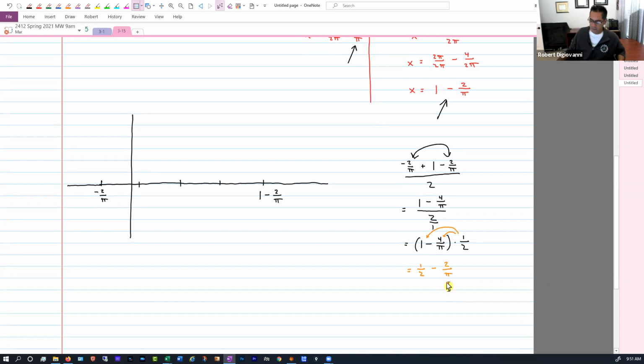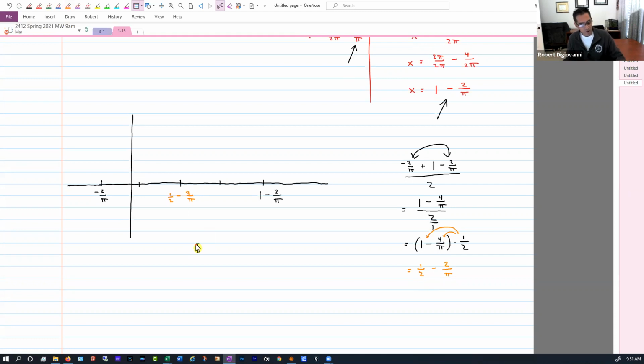And I get this: 1/2, and then minus 2 over pi again. That should be this middle number. Are there any questions there? I know it's weird, but this is as hard as it gets in terms of trying to figure out these middle points. This is about as complicated as it's going to get.